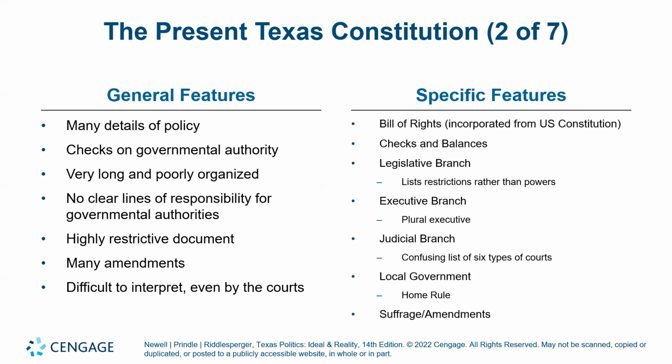No clear lines of responsibility for government authorities. This is a big problem within the executive branch, where the governor is severely limited because of the different agencies and the different boards that the agencies answer to. Education is a great example. The Texas Education Agency is the state agency responsible for overseeing the school districts, but we also have the State Board of Education that also oversees K through 12 education in Texas.